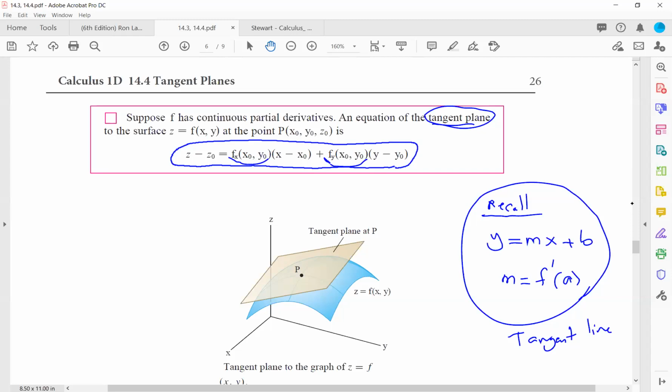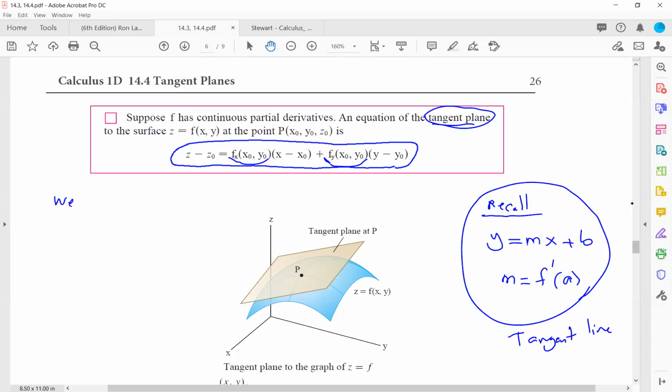So we have to calculate partial derivatives as rate of change with respect to x and rate of change with respect to y. Here you have two variables. We need two rates of change.